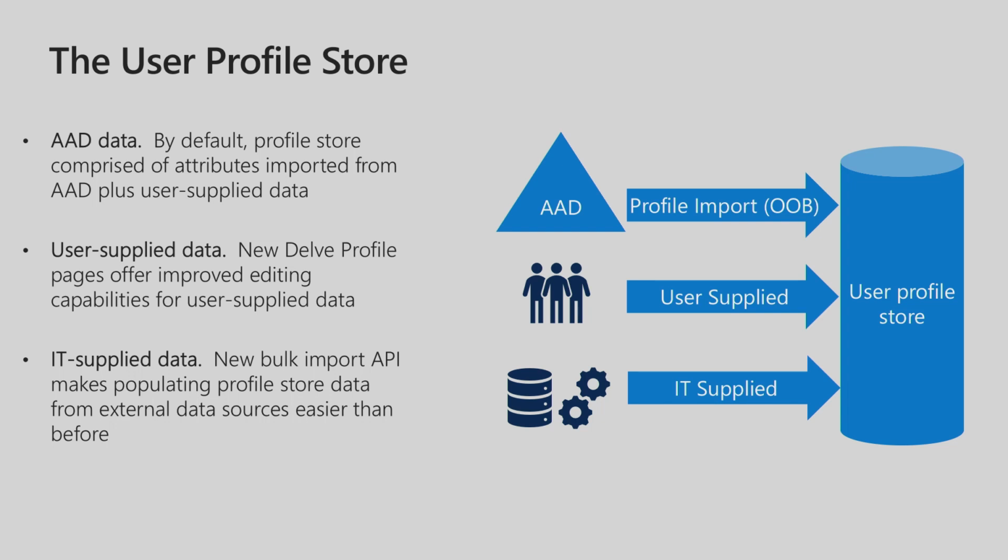So for example, once in a while, I'm sure no one in IT ever knows this problem, we get a problem and we have to catch up, we're able to do a full update of every user at Microsoft, every attribute that we populate, which is about 30, and we can do it in about 12 hours. So it's really remarkably fast, much faster than the old deprecated CSOM that we used to use. So bulk import API is the secret there.